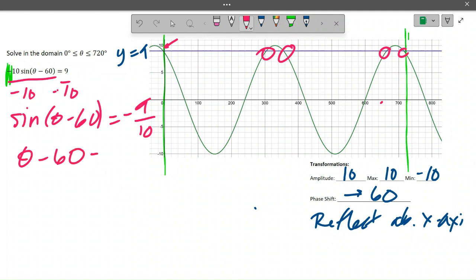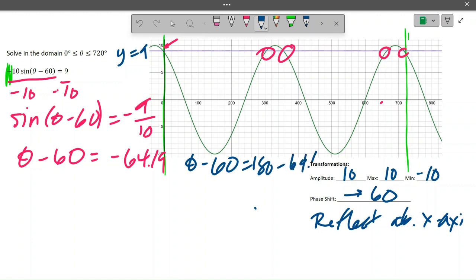When I do that, I end up with theta minus 60 equals negative 64.19. And because I now just have whatever was inside the parentheses on one side and my solution on the other, I apply my 180 degree property. We'll solve the blue side in a second.